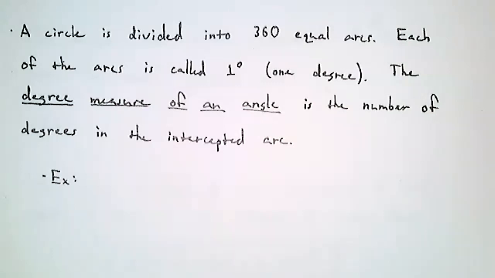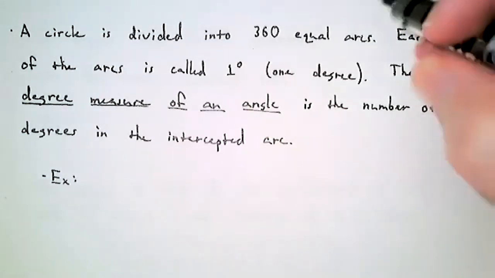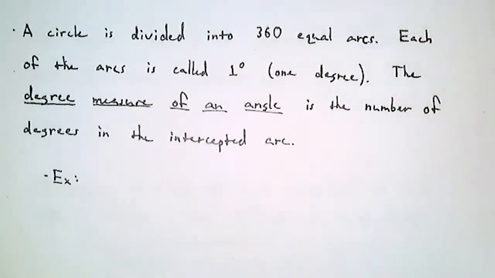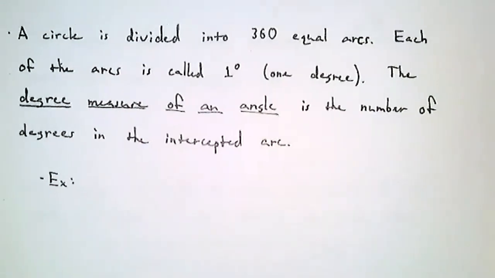Okay, so now that we have some mathematical language under our belt, we want to get to the crux of the issue. In trigonometry, we're going to be talking a lot about degrees and measuring angles, and that's what's next on the agenda.